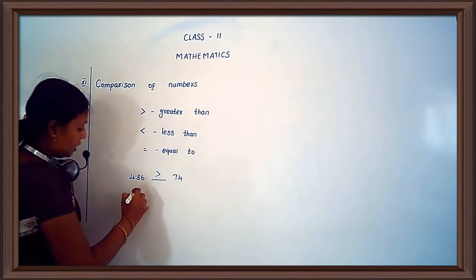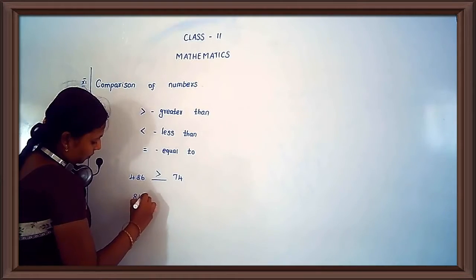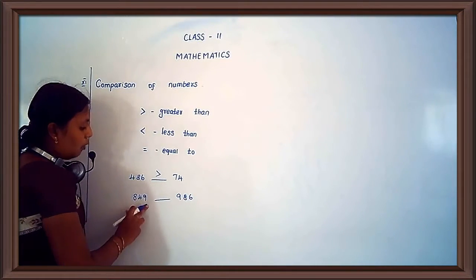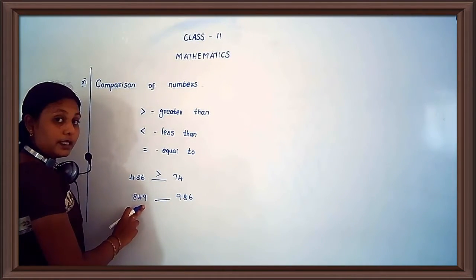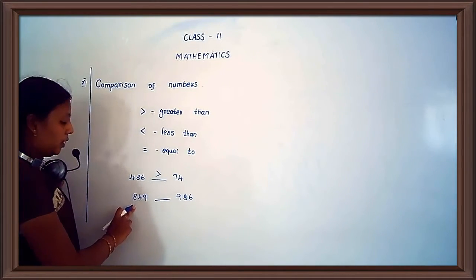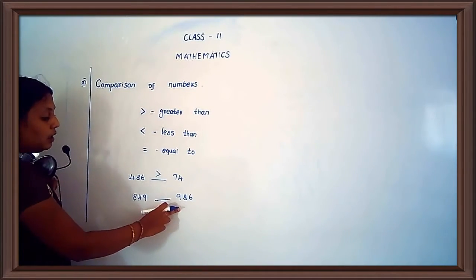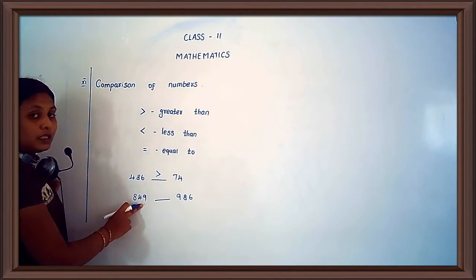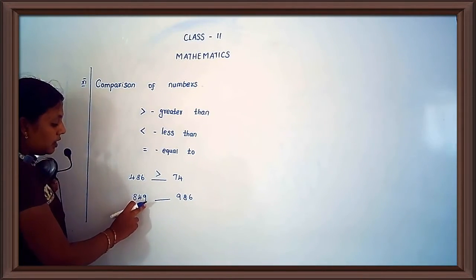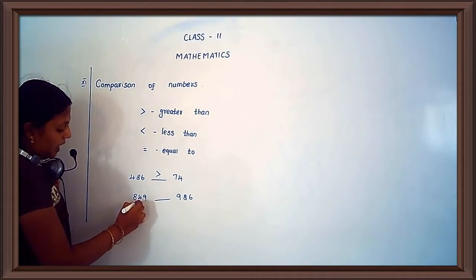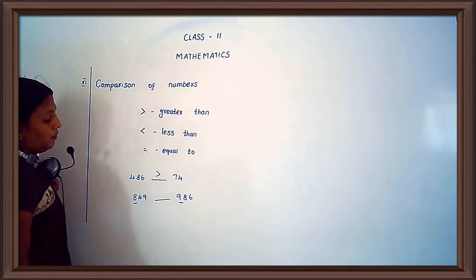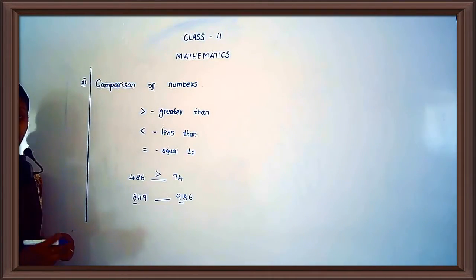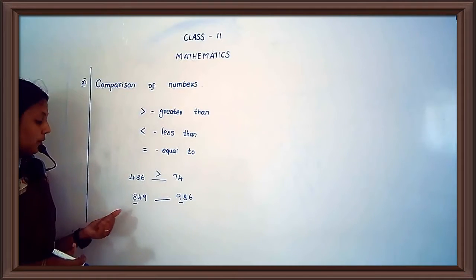Then the next one. How many digits is this number? 3 digits. 849 and 986. When we compare numbers with the same number of digits, start by comparing the digits on the left hand side.